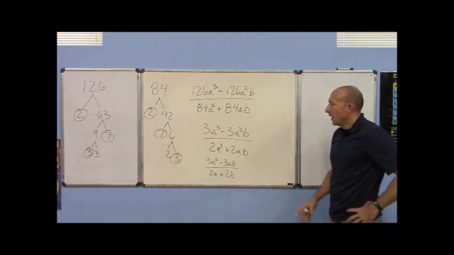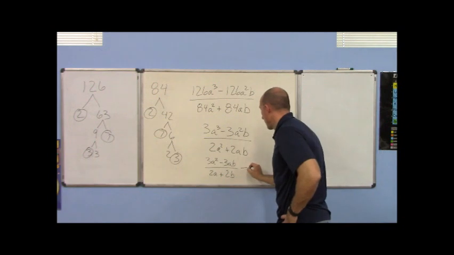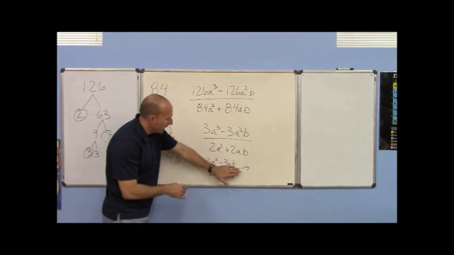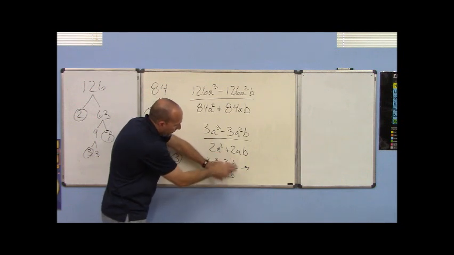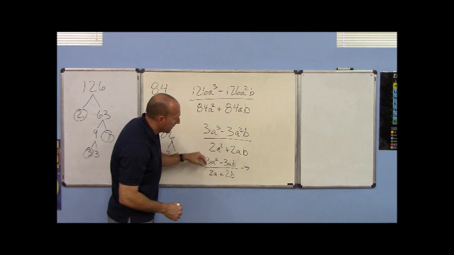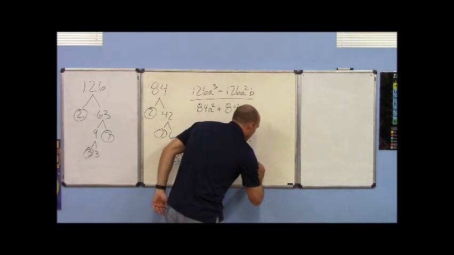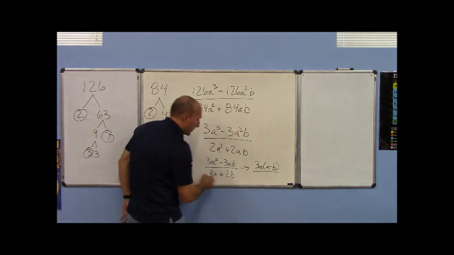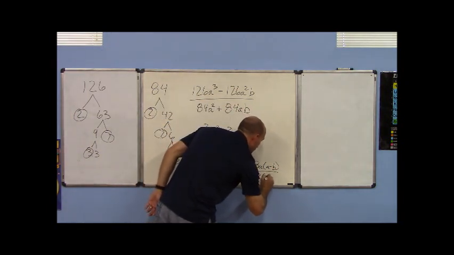The book shows you two different forms that you can put this. Notice if you look at the individual numerator and the individual denominator, you can factor out or rename this where you have 3a times a minus b, or you can factor out a 2 here and you have a 2 times a plus b.